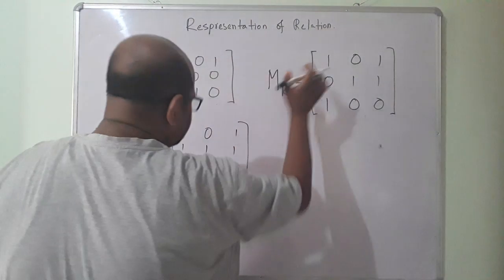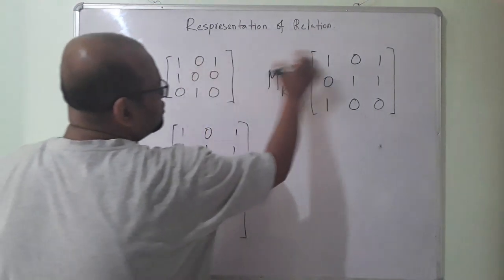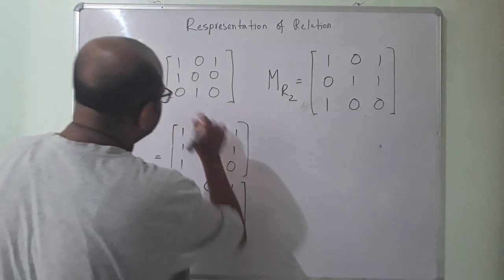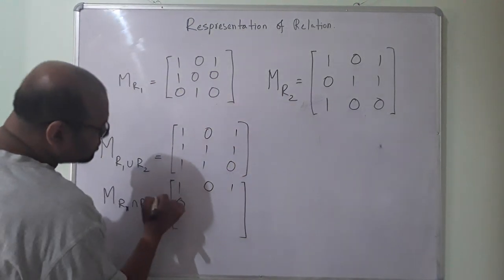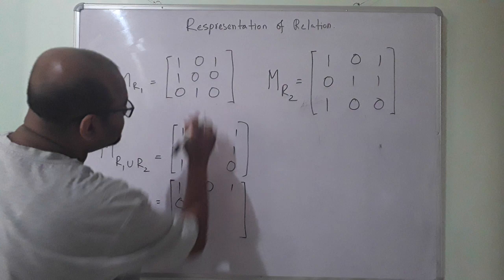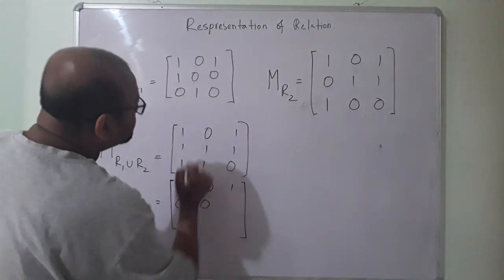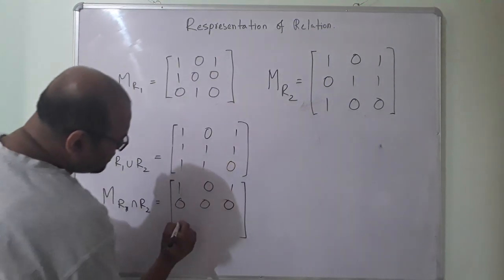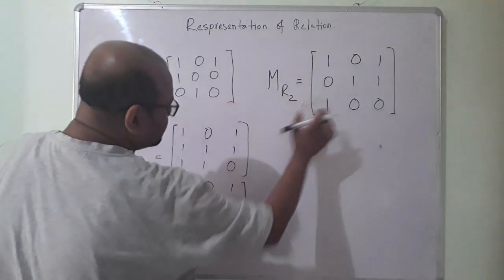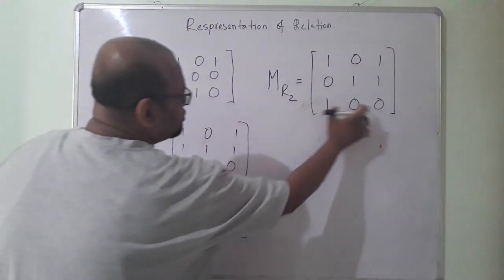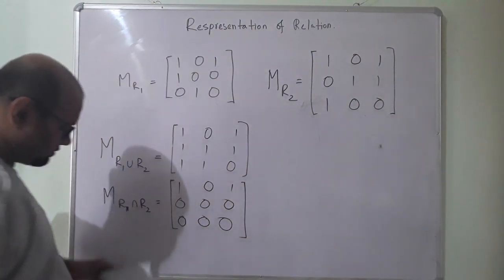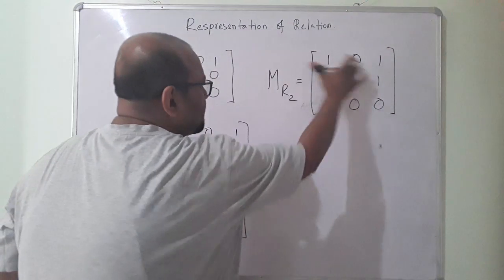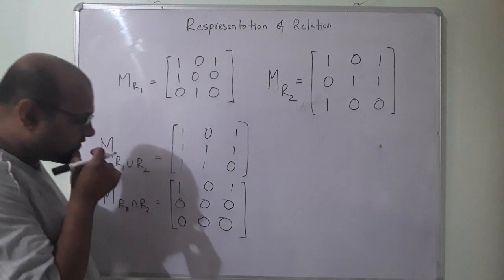So 1 and 1 is 1, 0 and 0 is 0, 1 and 1 is 1, 1 and 0 is 0, 0 and 0 is 0, 0 and 1 is 0, 0 and 1 once again 0, 1 and 0 is 0, and 0 and 0 is 0. Alright, by doing this position wise AND we are getting this matrix.